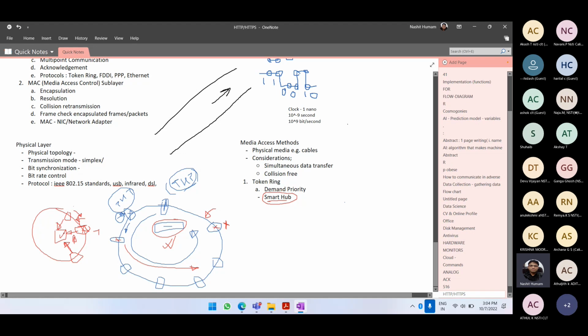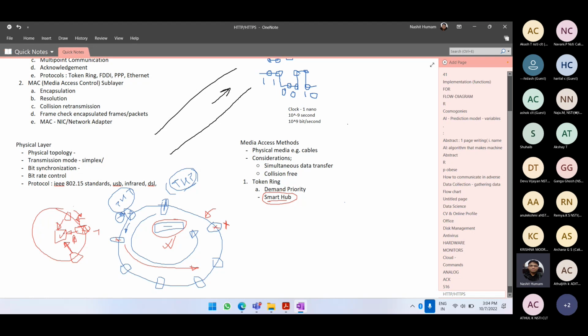So this is my demand priority kind of smart hub token ring algorithm. I hope that was clear.